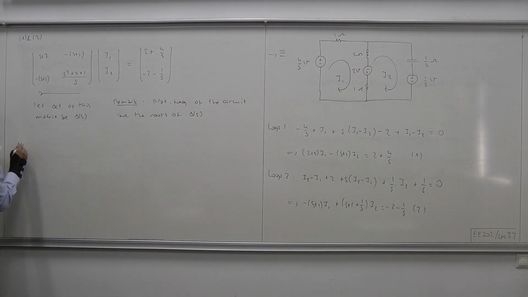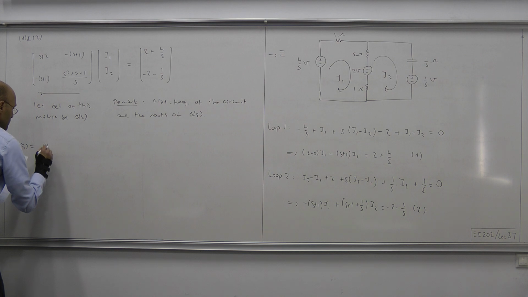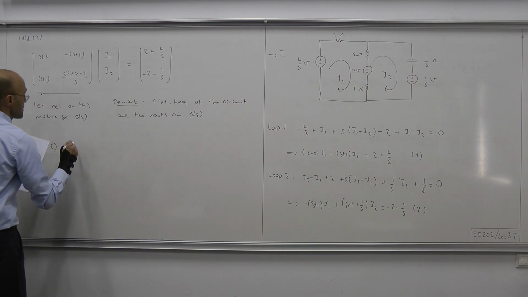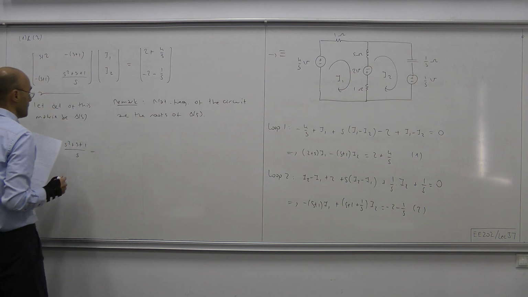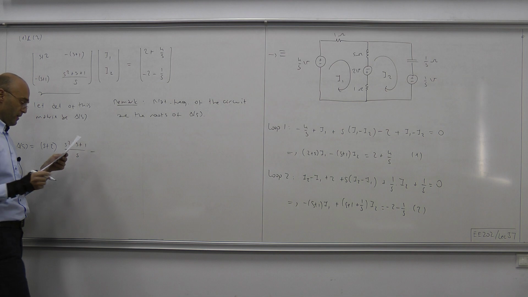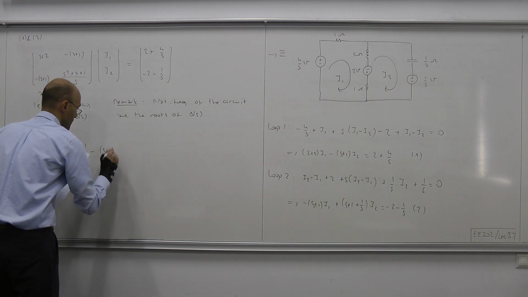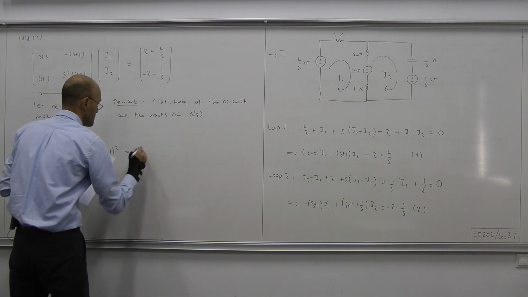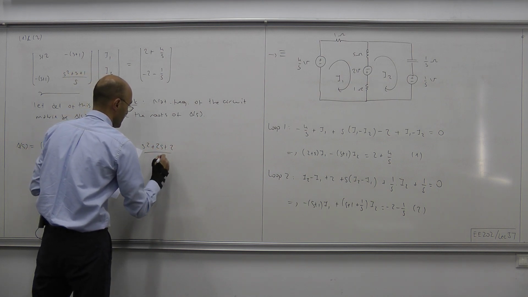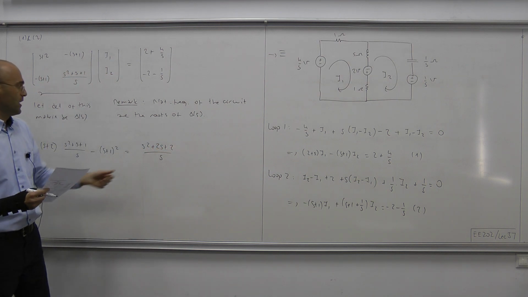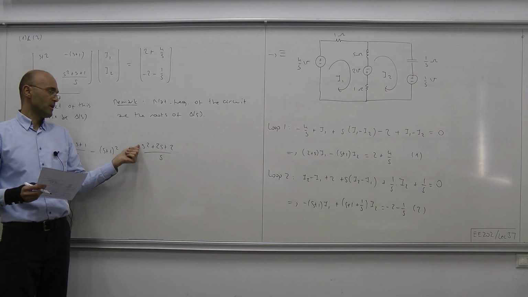So let's compute this determinant. This times that minus this times that: (S plus 2) times (S squared plus S plus 1) over S, minus (S plus 1) squared. That reads (S squared plus 2S plus 2) over S. This is the numerator polynomial.